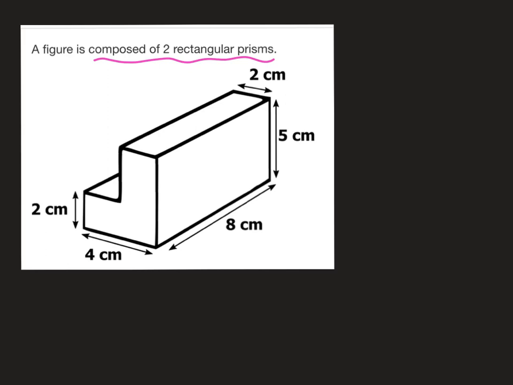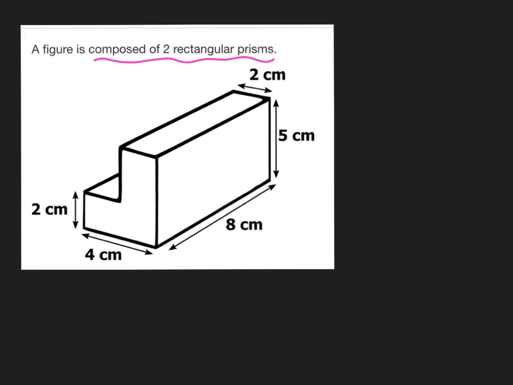You have a few options. You could do it with a horizontal line right here. You could also do it with a vertical line right here. All you're trying to do is divide this shape up into 2 different rectangular prisms because we know how to find the volume of a rectangular prism by using length times width times height. So that's what we're looking for here.